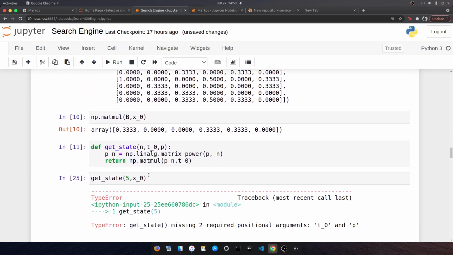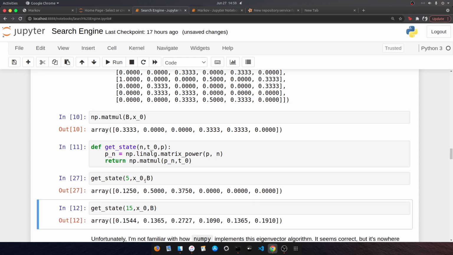Okay. And then we need to pass the transition matrix, which is B. So basically this tells us that after 5 random clicks, there's a 12% chance that we are on page 0, 50% chance that we are on page 1, and 37% chance that we are on page 2.